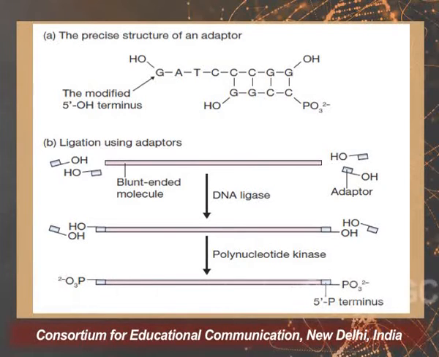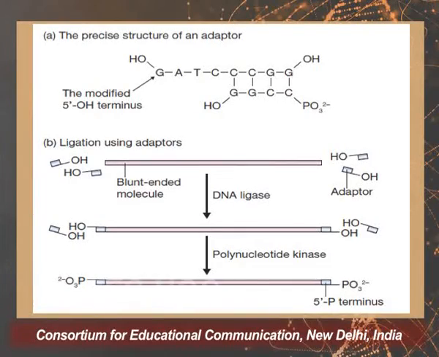Now the two adapters will not join together from the sticky ends, but the blunt end will only join to the fragment. This modification can be done by using modifying enzymes, as we will see subsequently, and then this can be ligated, and after ligation, the phosphate groups can be added onto the sticky end 5' side so that they can be cloned into the vector or as required.